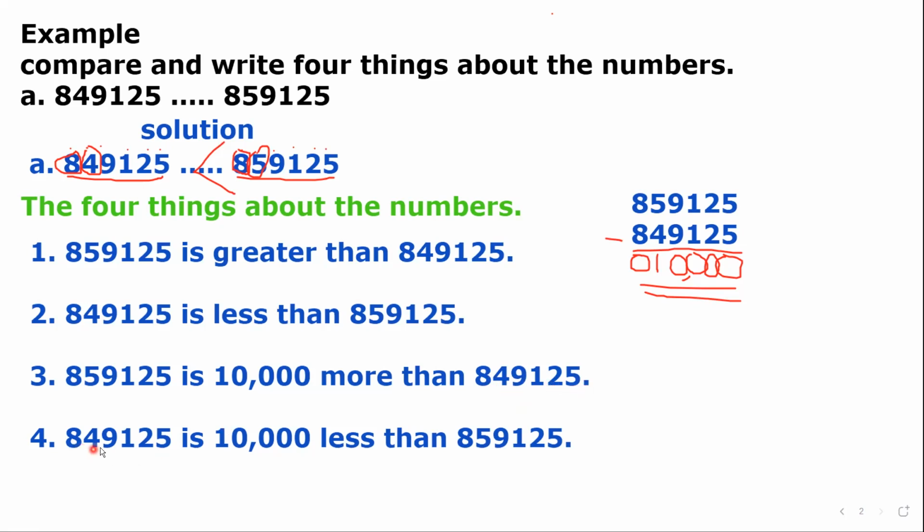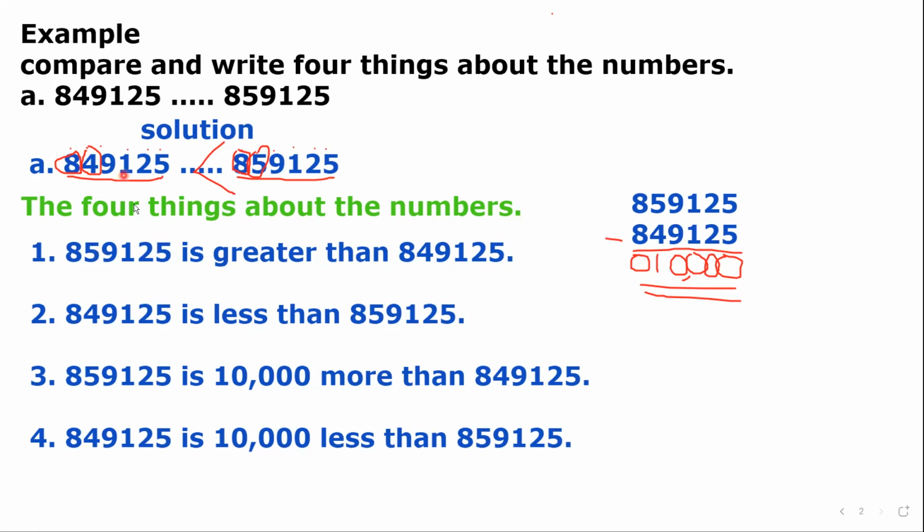And the other statement: 849125 is 10,000 less than 859125. You need to find the difference before you can write these two statements.